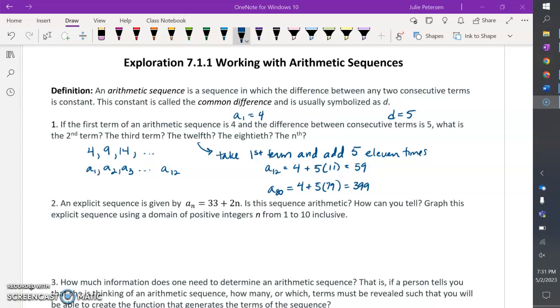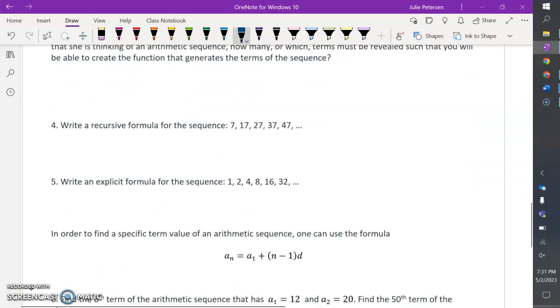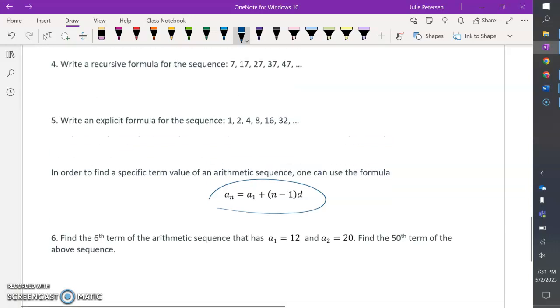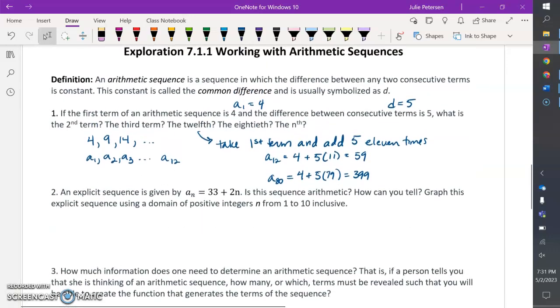You can approach this a couple different ways on how you would write the formula for the nth term. But a way that we can tackle it is going to be explored below in our last problem, but we're going to use that formula now. If you look down here, we could look at this formula: a sub n equals the first term plus n minus 1 times the common difference. And we'll show you how that relates to what we're doing up here.